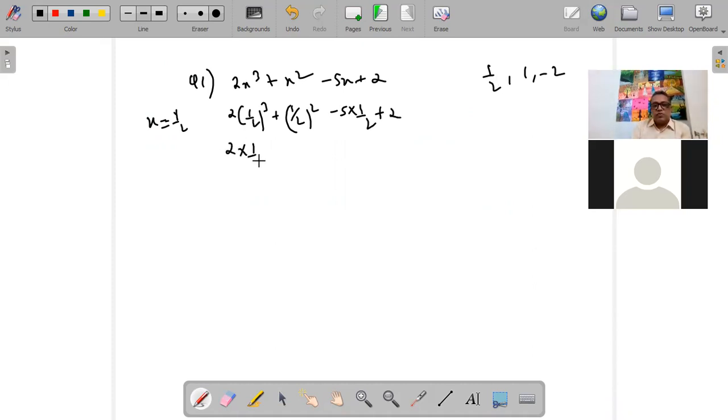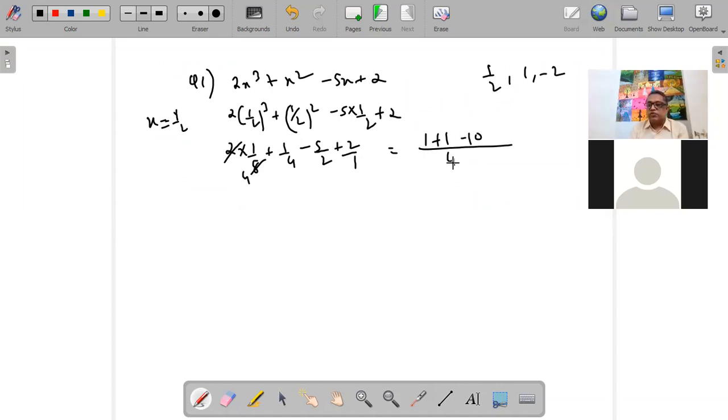This is 2 into 1/8, plus 1/4, minus 5/2, plus 2. 2 and 8 will get cancelled, so 1/4. Now I'll take 4 as the LCM. So 1 plus 1, minus 10, plus 8. 2 into 5 is 10, so minus 10.